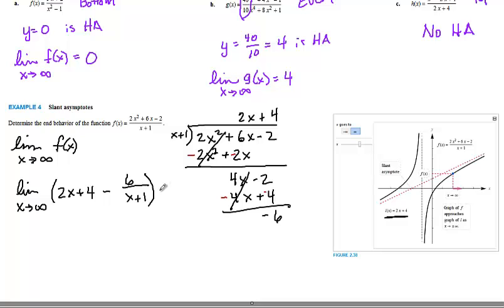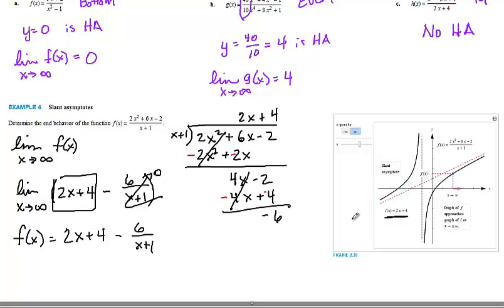What is going on is, as I'm looking at this function f of x, which is 2x plus 4 minus 6 over x plus 1, in the tails, this function is approaching this 2x plus 4, while this term is going to 0.